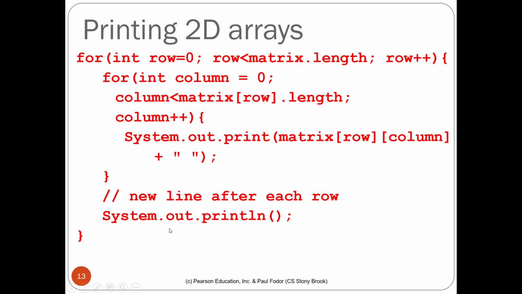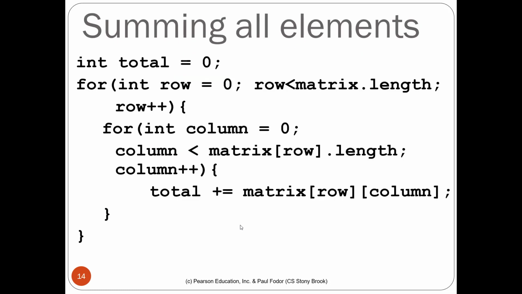If you don't have this statement, you'll have all the values printed in one line. You don't want that. You want the first row to be printed in one line, and then you would like to feed one line here. So this System.out.println statement which we have outside this inner for loop is making sure that every row is printed on a different line. Okay, so that was about printing.